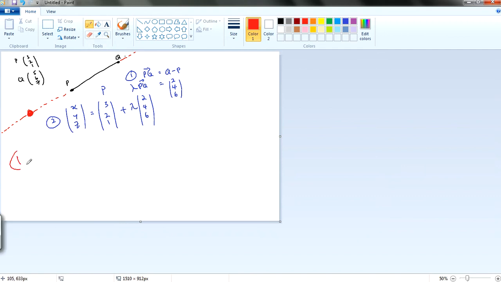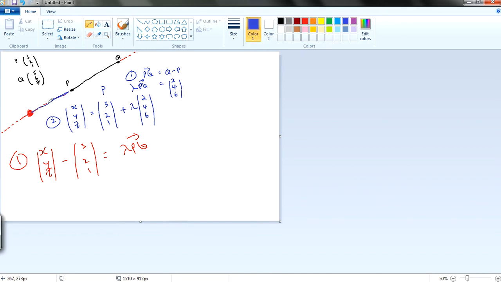So the general formula first. Okay, first thing first is xyz, any point along this infinite line, minus your P, which is (3, 2, 1), equals a vector lambda PQ. PQ is a vector, so when you take any point and minus (3, 2, 1), you get this new vector.